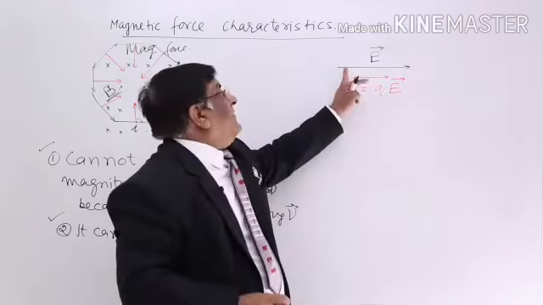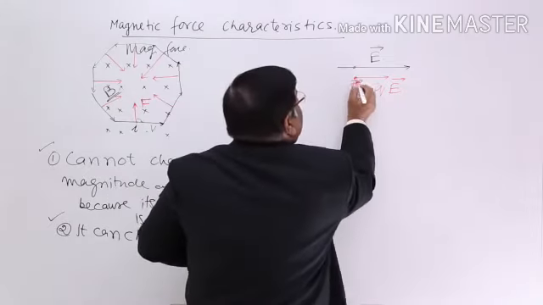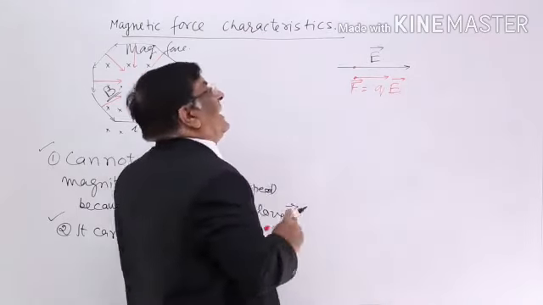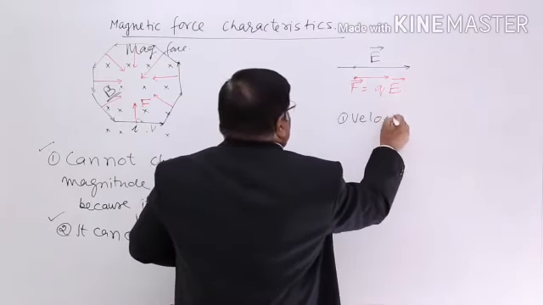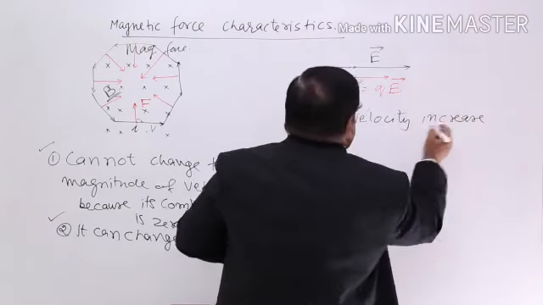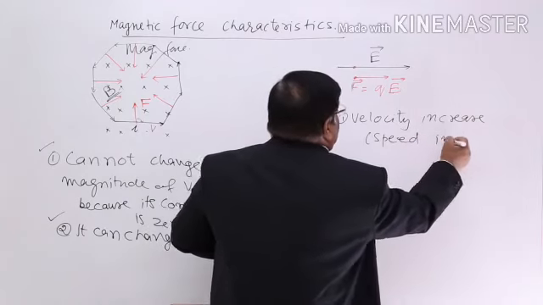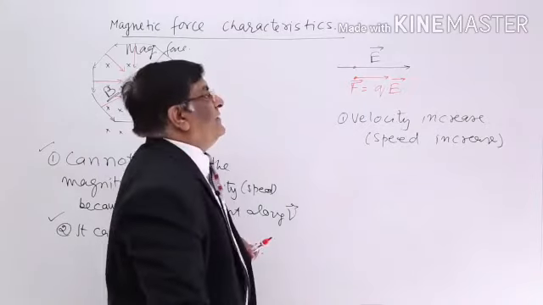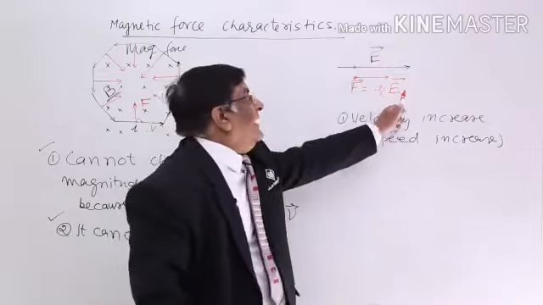Now, if a particle is here, it experiences a force in the direction of the electric field. That force gives it acceleration, and because of the acceleration, velocity increases. That is, the magnitude of velocity, that is speed, increases. What happens to its direction? The answer is the direction does not change. It keeps on moving in the direction of E.